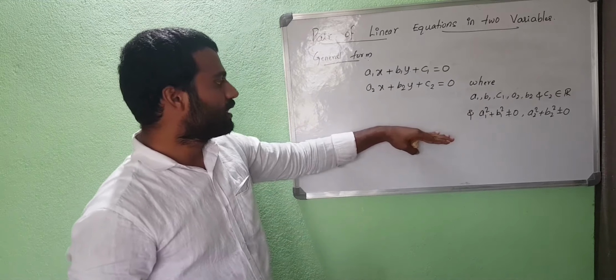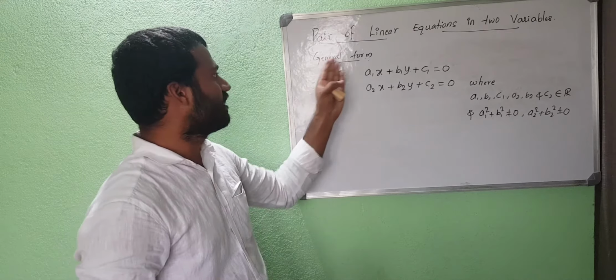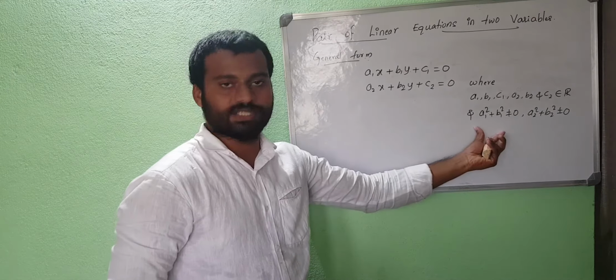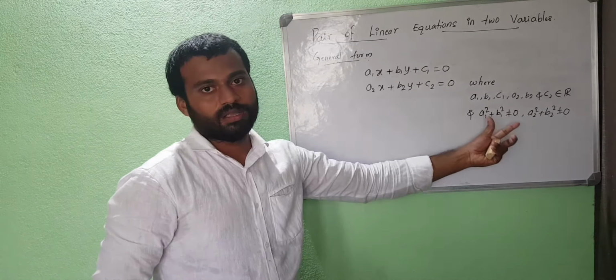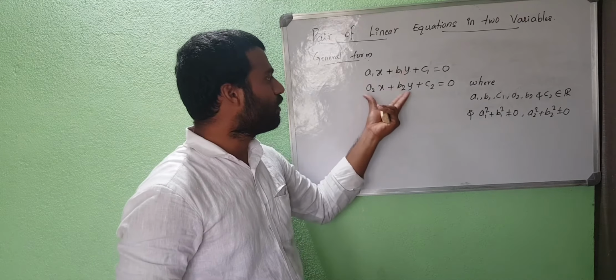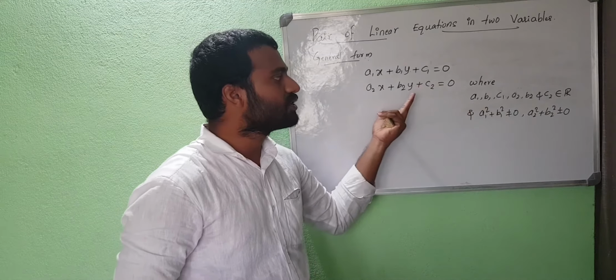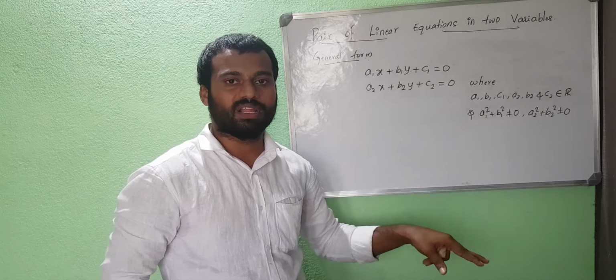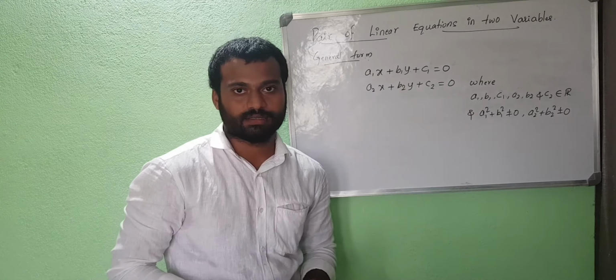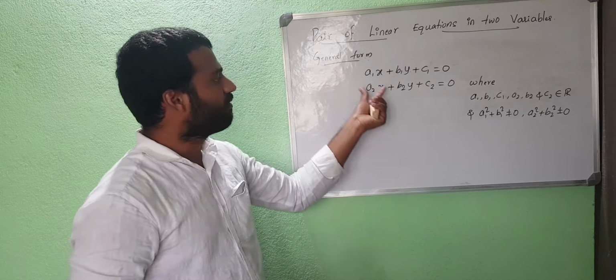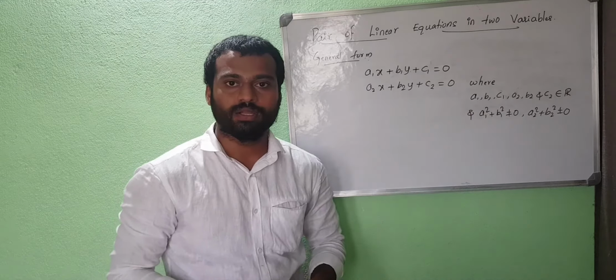This is the complete general form of a pair of linear equations in two variables. These are the conditions you have to mention. If not, you can't say these two are a pair of linear equations. Why? Because if they belong to complex numbers, it will be a different case, which we will learn later. Clear or not?